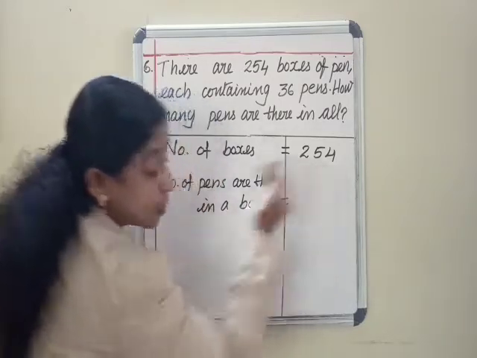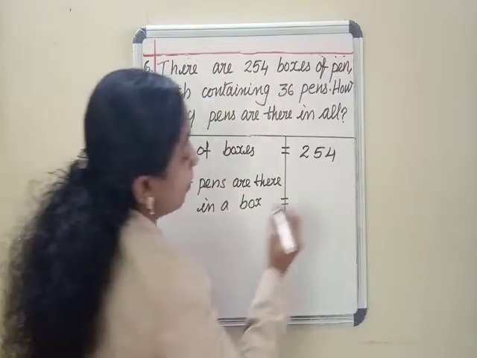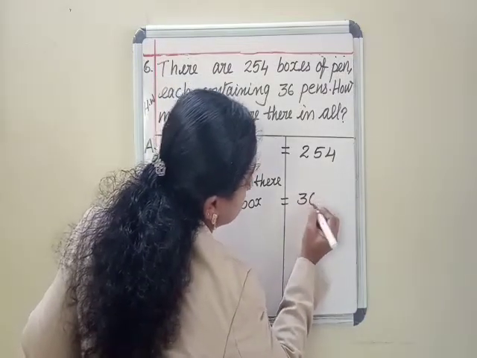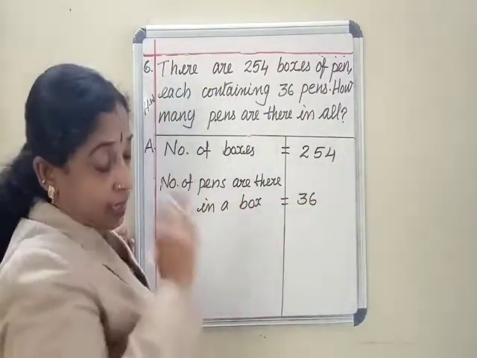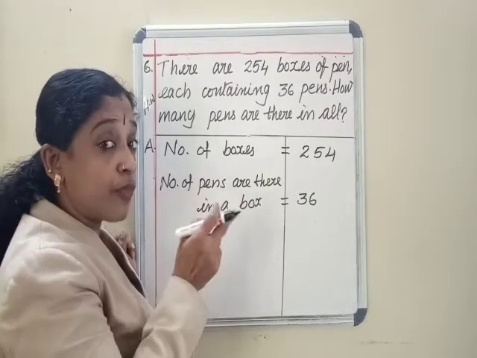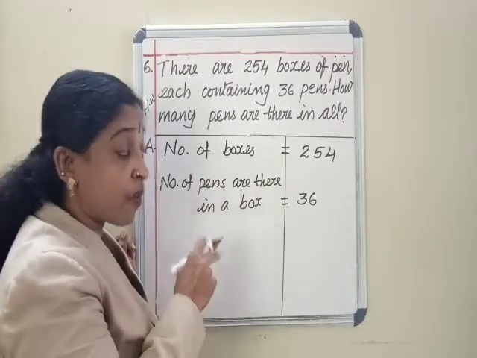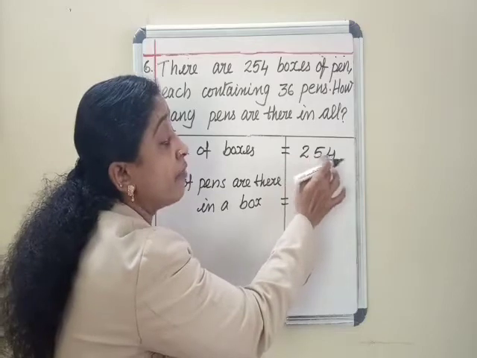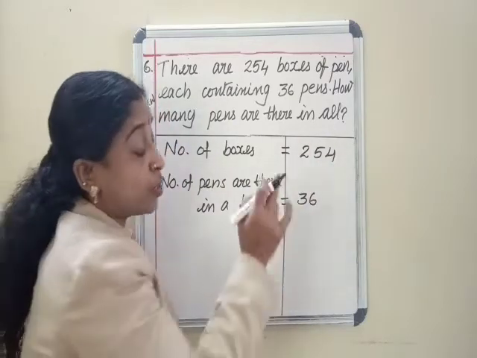Here how many boxes? 254. How many pens? 36. One box containing 36 pens. So we have to find out what? Total number of pens in 254 boxes.